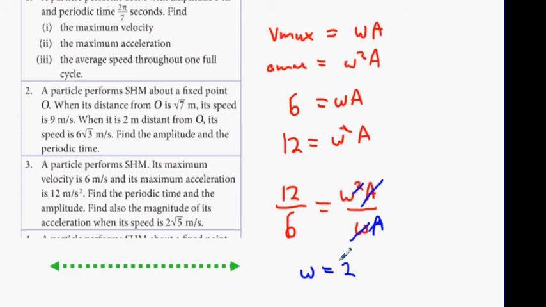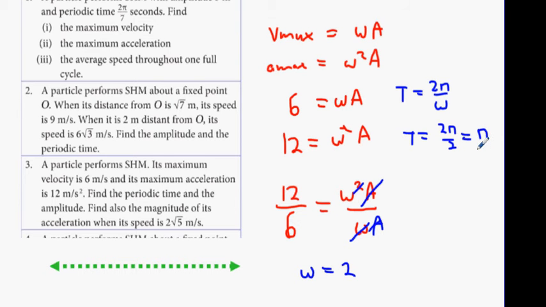Now find the periodic time. How do you find the periodic time? 2 pi over omega. T equals 2 pi over 2, the answer being pi seconds. Okay?